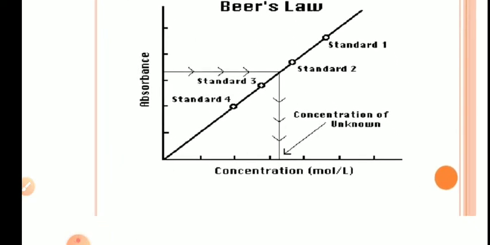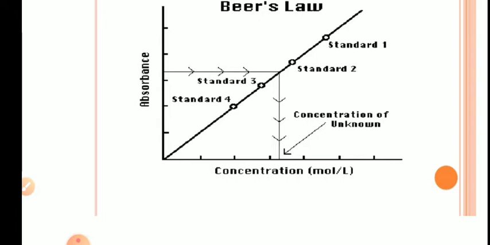As far as determining the concentration of a compound, that is quantitative analysis, is concerned, we prepare a standard graph where known concentrations of the compound are taken, their absorbance is measured, and the absorbance of the unknown compound is measured, and we plot a graph of absorbance versus concentration. When you plot absorbance versus concentration, you get a straight line, the standard graph.